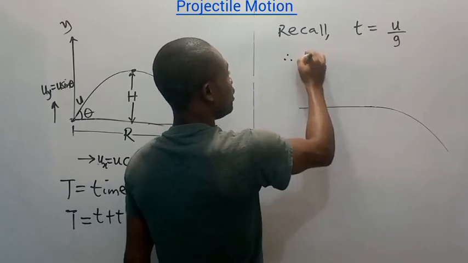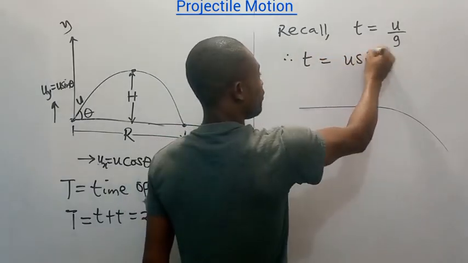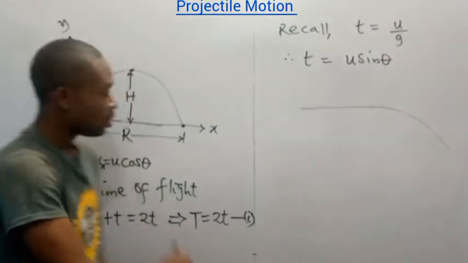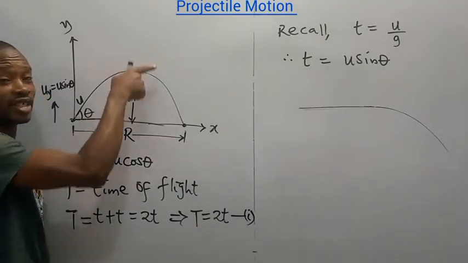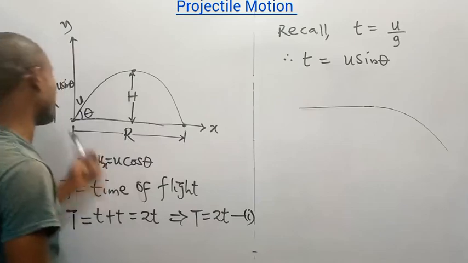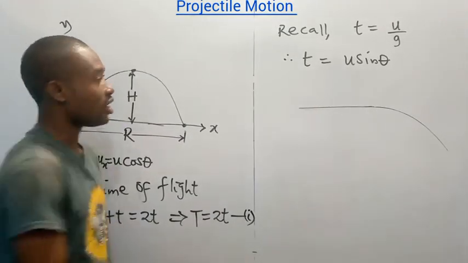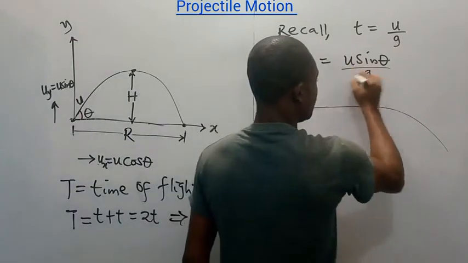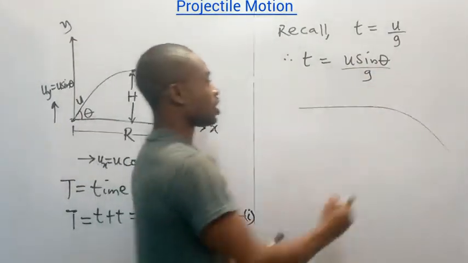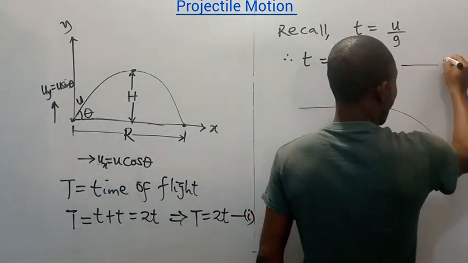Therefore t is equal to u sine theta over g, if you consider the angle theta at which the projectile was released. I showed you that the vertical component is equal to u sine theta, so we divide this by g. Take note of this equation. Let's call it equation II.